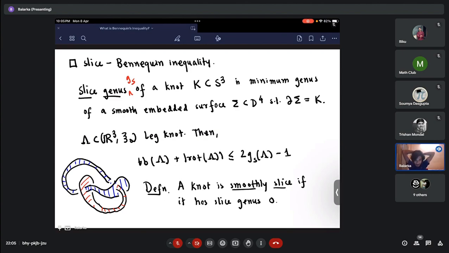The proof of the slice-Bennequin inequality tries to maximally generalize it to symplectic manifolds from complex surfaces and so on. And that's extremely specific to 4D. Higher dimensional Floer theory, I don't think anyone has any clue what's there. So I don't think the Bennequin inequality will have a coherent generalization to higher dimension. It's a good question. Maybe one should explore, but I don't think so. I doubt it very much.